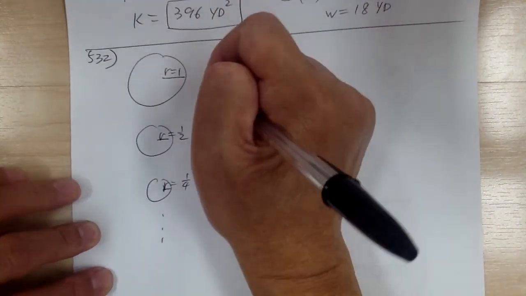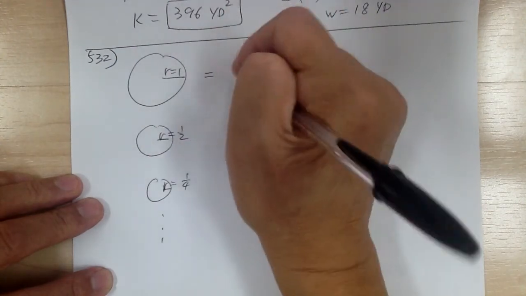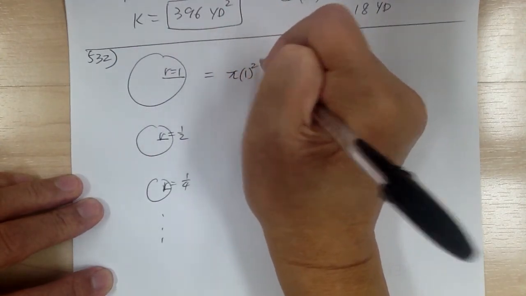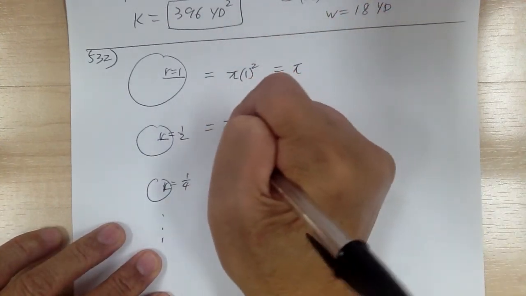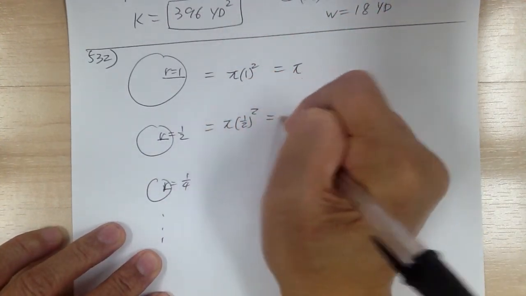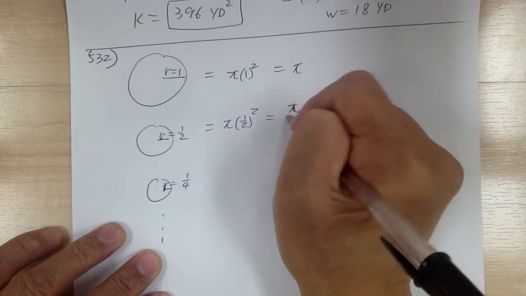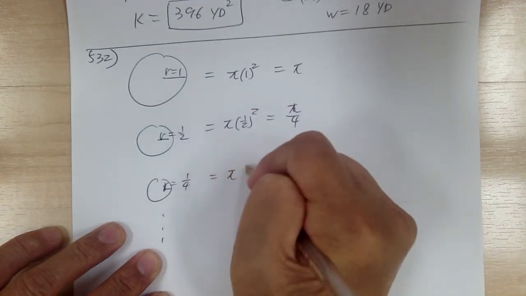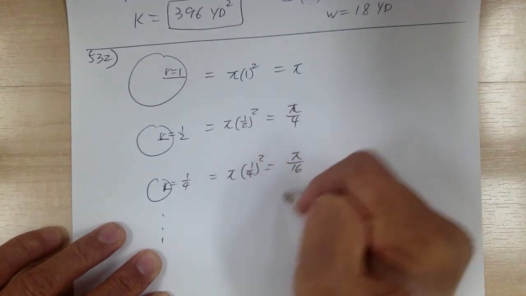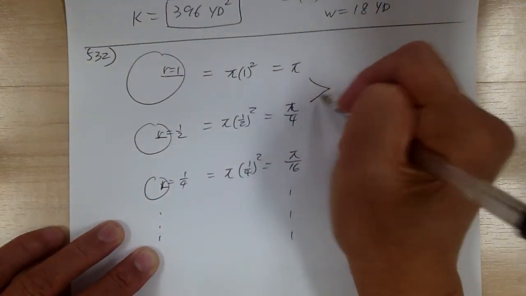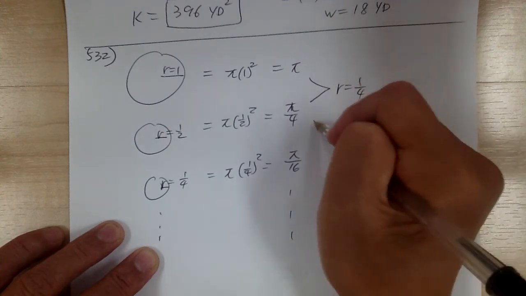So this one, the area equal to pi r squared, which equal to pi. This one is pi r squared, equal to pi over 4. This one would be pi r squared, which equal to pi over 16. Right? So you can see that the ratio r equal to 1/4.